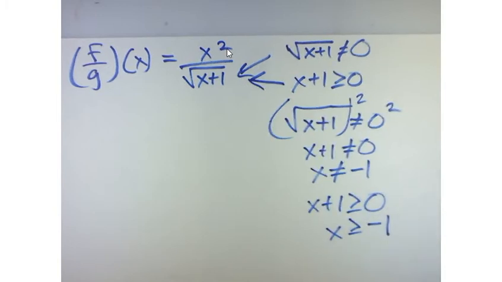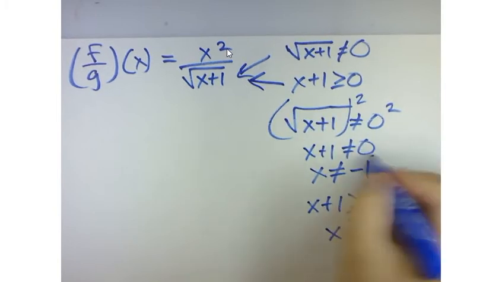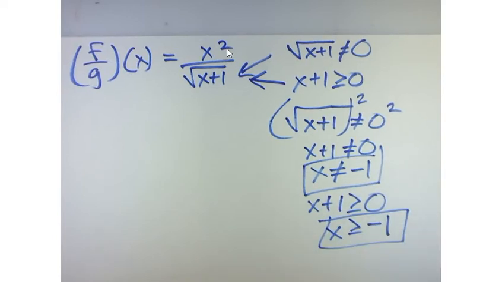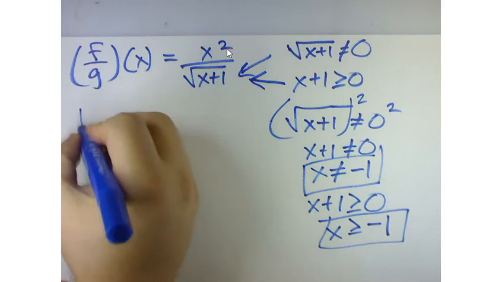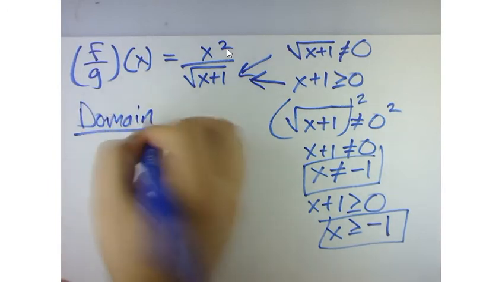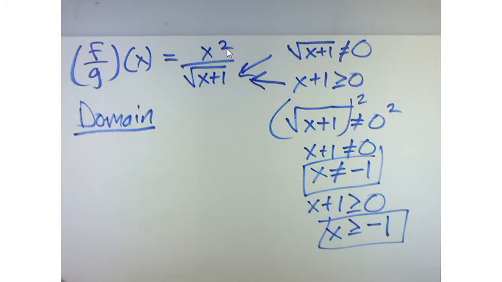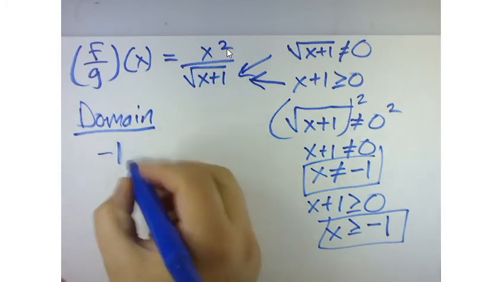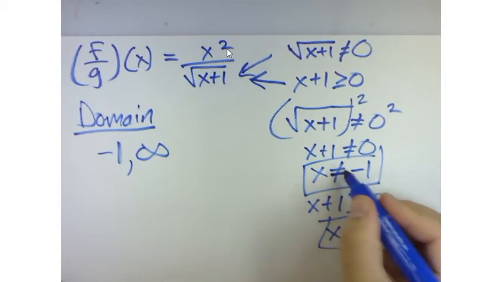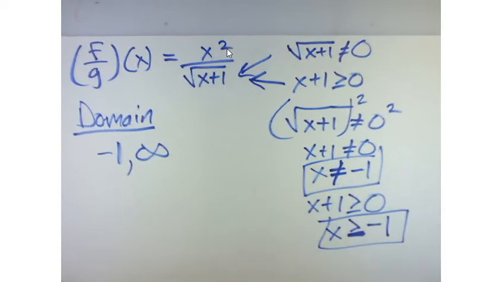Now when you look at this and this, what do I write down for my domain? Well, before, we know that there's a negative 1 comma infinity. This says it can equal negative 1. This one says it cannot equal negative 1. So which one do we go with?